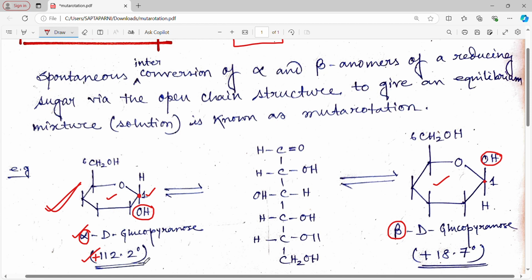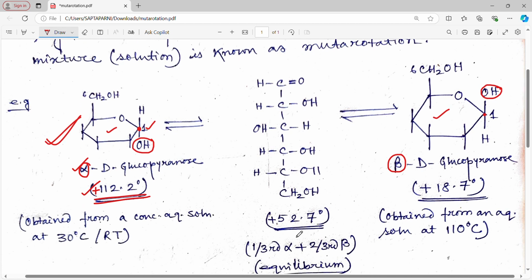But it was seen that slowly this value changes, or mutates, until it reaches an equilibrium rotational value of plus 52.7 degree. Until it reaches 52.7 degree, this alpha D glucopyranose slowly changes its structure.